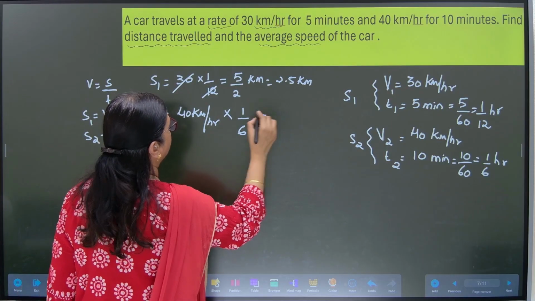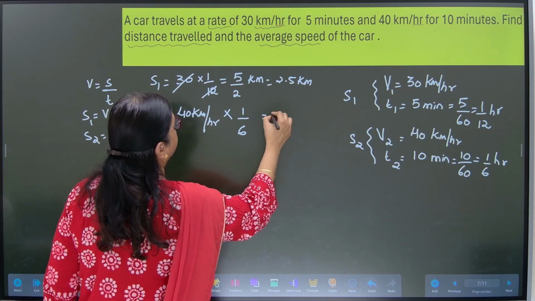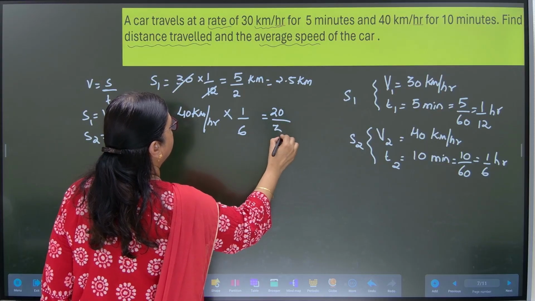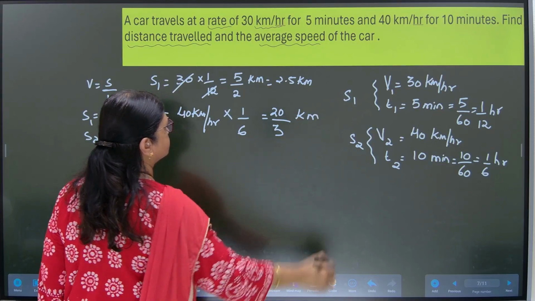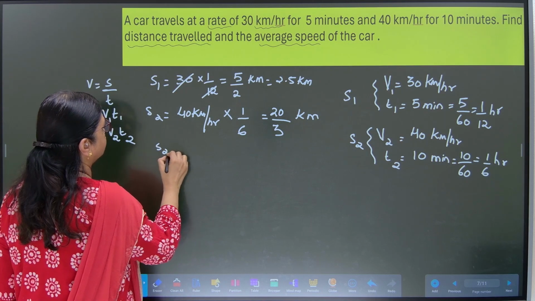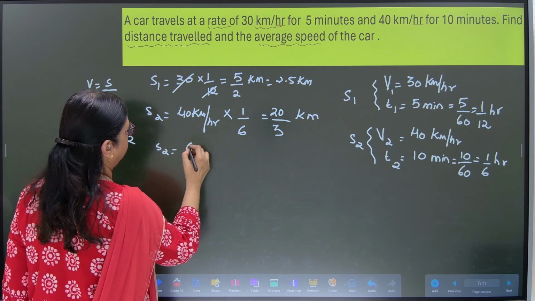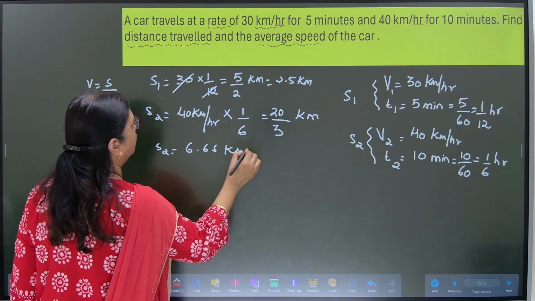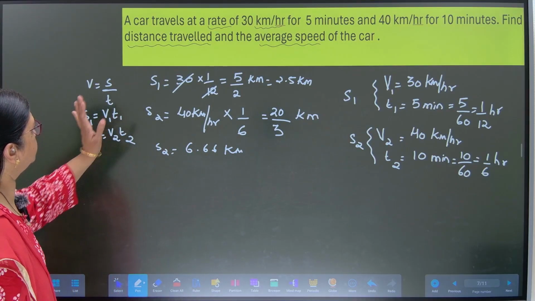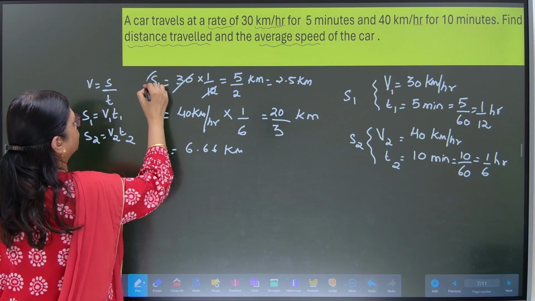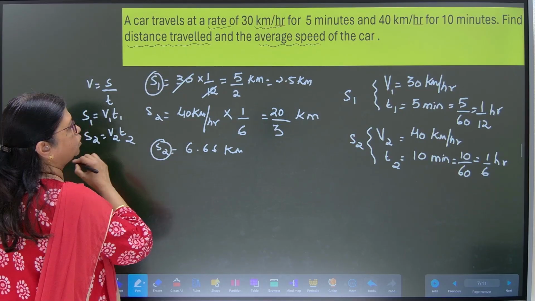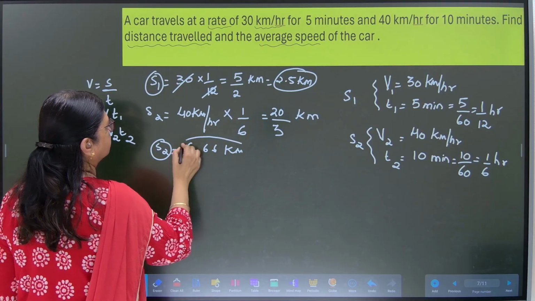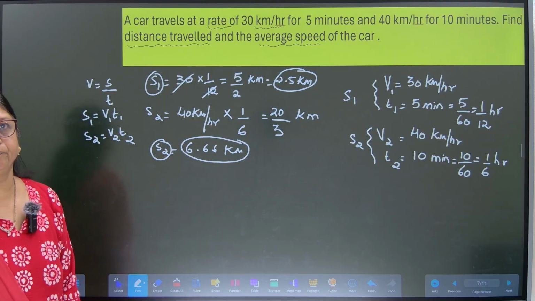Okay, that is equal to, I can write it as 20 upon 3 kilometers, which is equal to 6.6. I can even write 6 kilometers. Fine. Okay. So now I am ready with S1 and S2 as 2.5 kilometer and 6.6 kilometer.